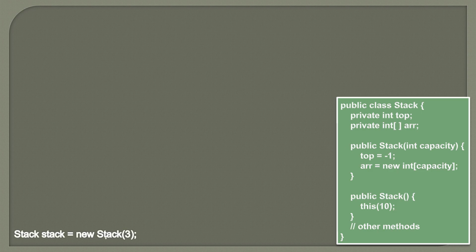So we will create a new stack. We pass in the value as 3, which would be our capacity. So the constructor will be called, capacity is 3. And we know that at the start, when the stack is empty, top is pointing to minus 1. So value of top is minus 1.